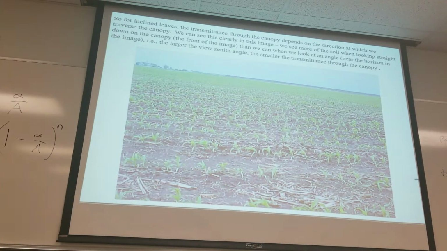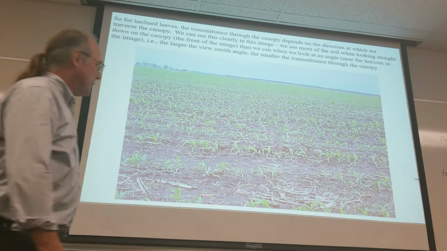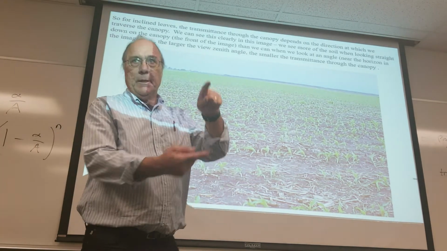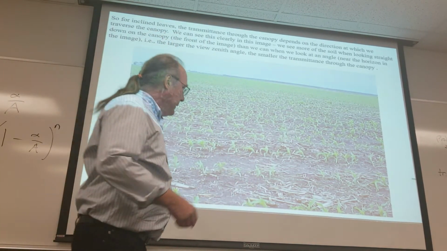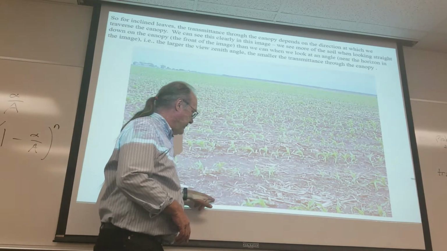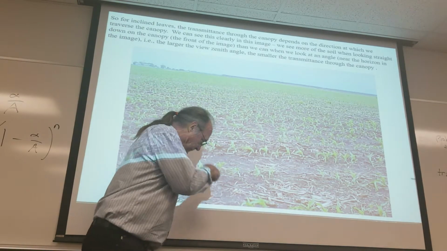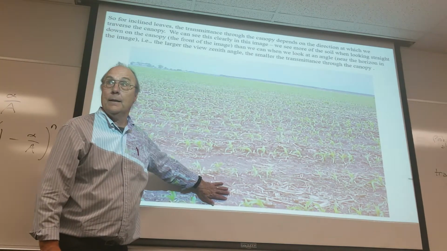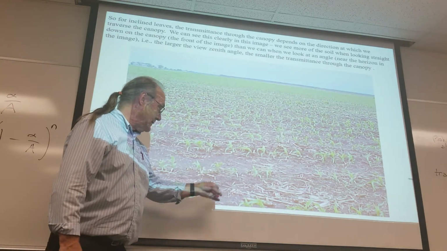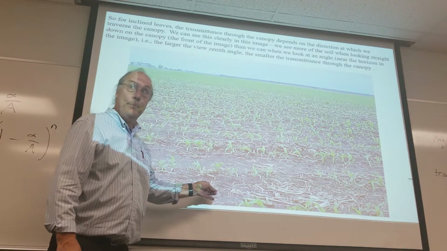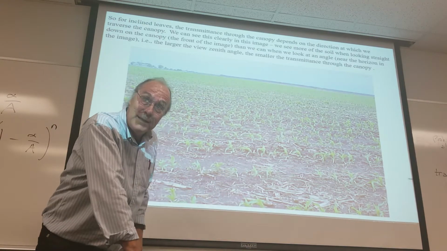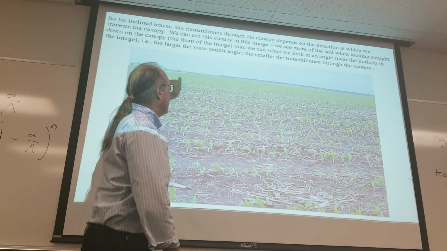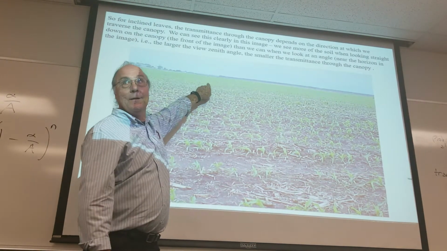Here we have an image that I find useful because this is a maize canopy, but the plants are small. If we're standing here in the field looking at our feet, we're going to see a lot of soil, right? The transmittance through the canopy is pretty big when we're looking straight down. But as we look at an angle, like way back here, you don't see any soil at all.